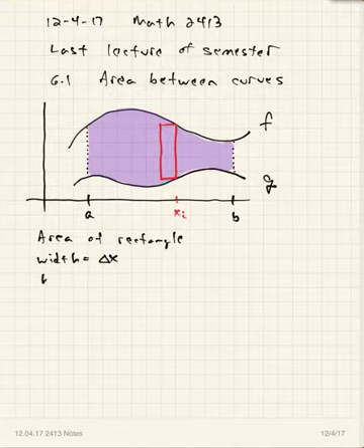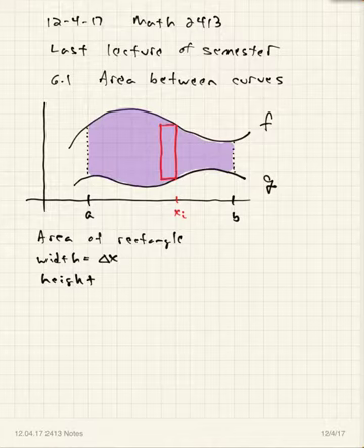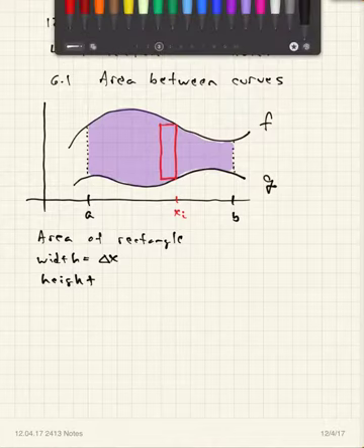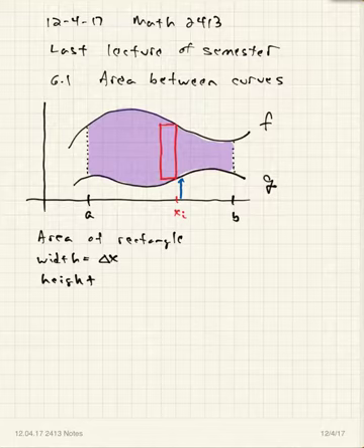But the height here for this rectangle, it'd be nice if I could spell the word height correctly. There we go. So the height of this rectangle, well, if you look at your picture right here, this distance right here, that lower function there is g, and that distance would be g of x sub i.